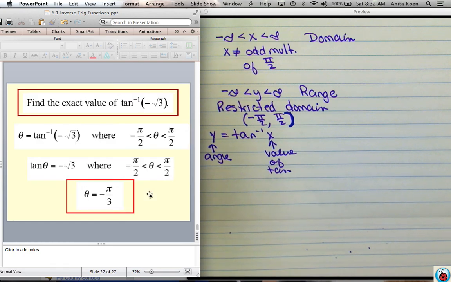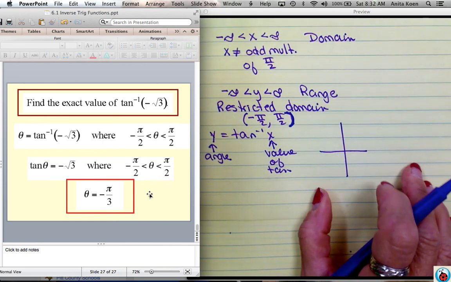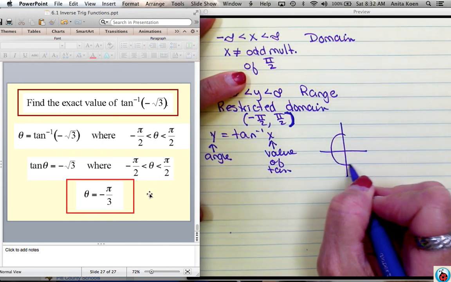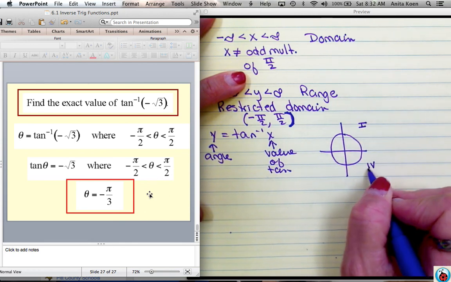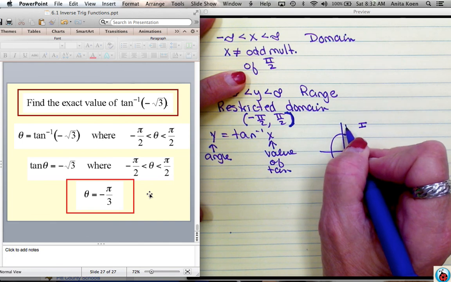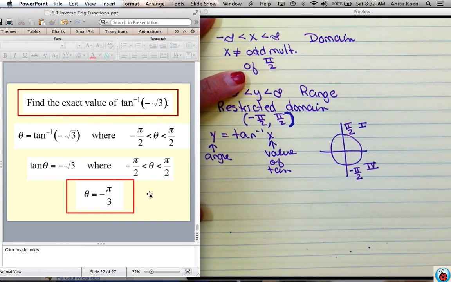Now, how do I find the exact value of the tangent inverse? I do it exactly like I did before. I'm looking for an angle whose tangent is negative square root of 3. I'm going to be looking in quadrant 1 and quadrant 4, because pi halves is here, negative pi halves is here.